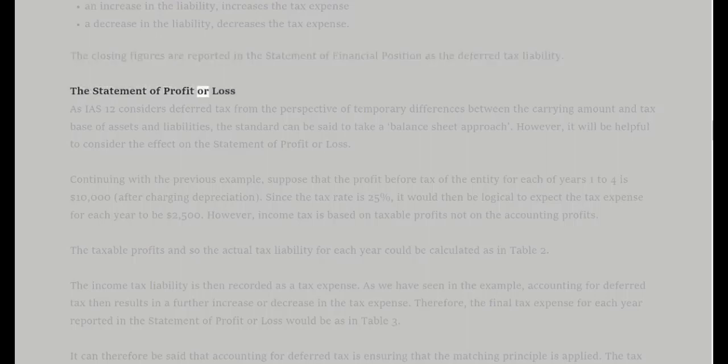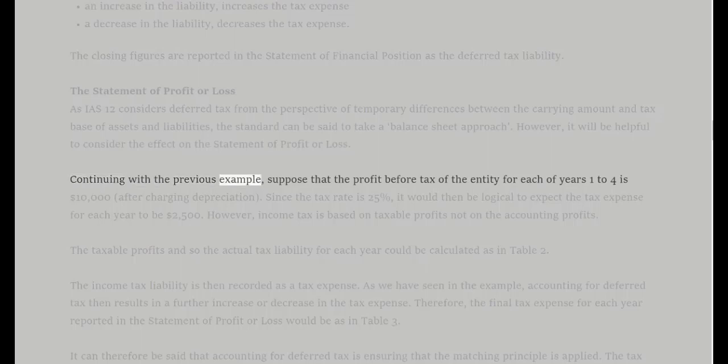As IAS 12 considers deferred tax from the perspective of temporary differences between the carrying amount and tax base of assets and liabilities, the standard can be said to take a balance sheet approach. However, it will be helpful to consider the effect on the statement of profit or loss.